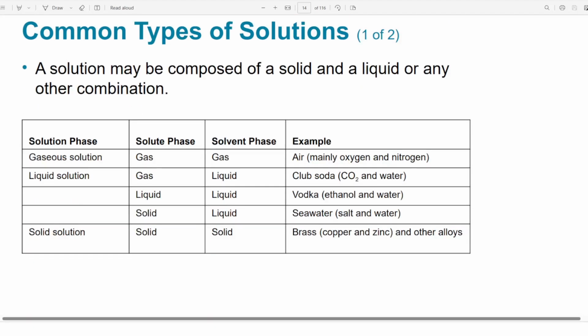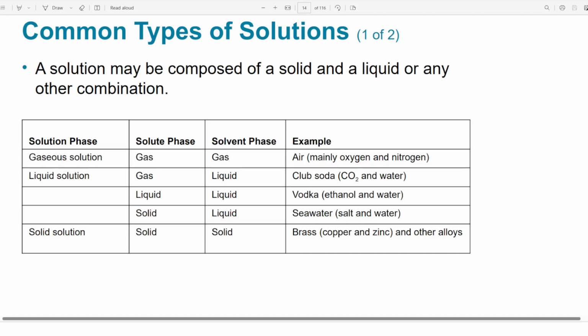Here are some common types of solutions. A solution can be composed of a solid or a liquid or different combinations of those. For example, we have a gaseous solution, which can be a gas in the solute phase and a gas in the solvent phase, and an example would be air.